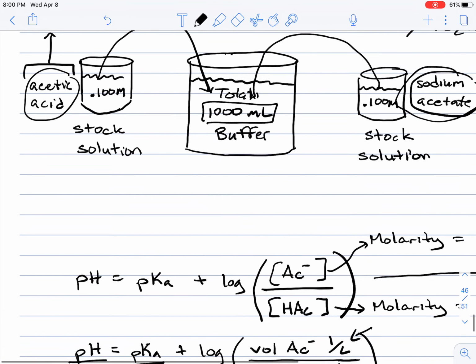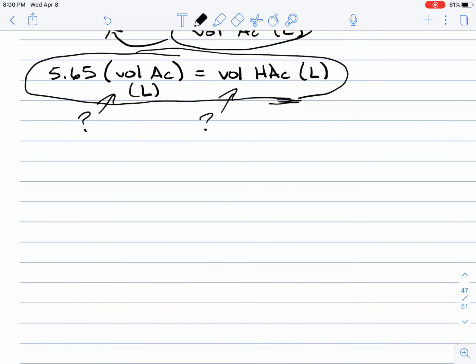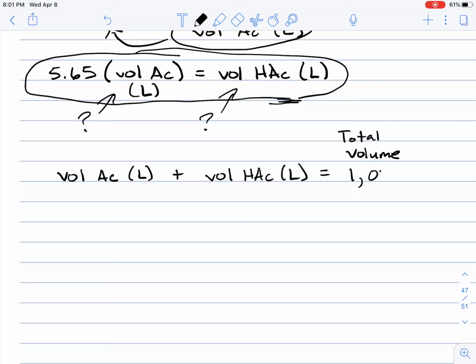And so we can actually write another expression to describe the relative volume of acetic acid and acetate, such that the volume of acetate, I apologize, in liter units, plus the volume of acetic acid in liter units is equal to the total volume, which is 1,000 milliliters.